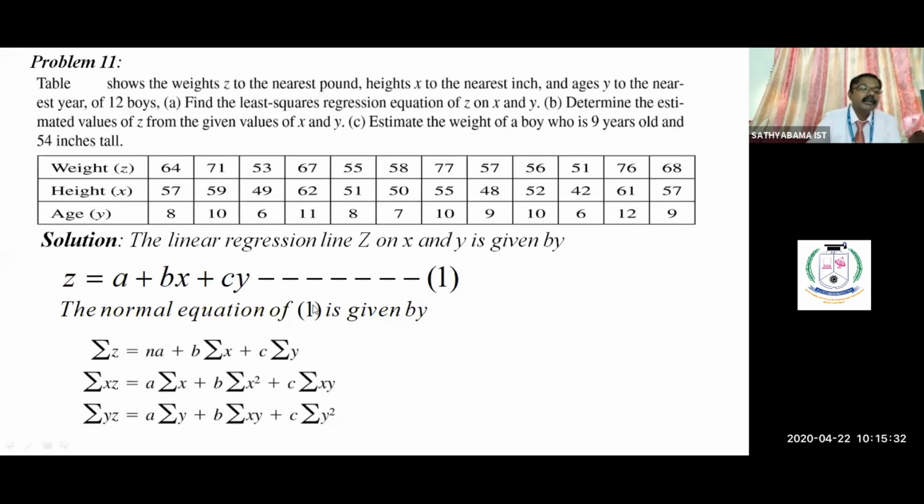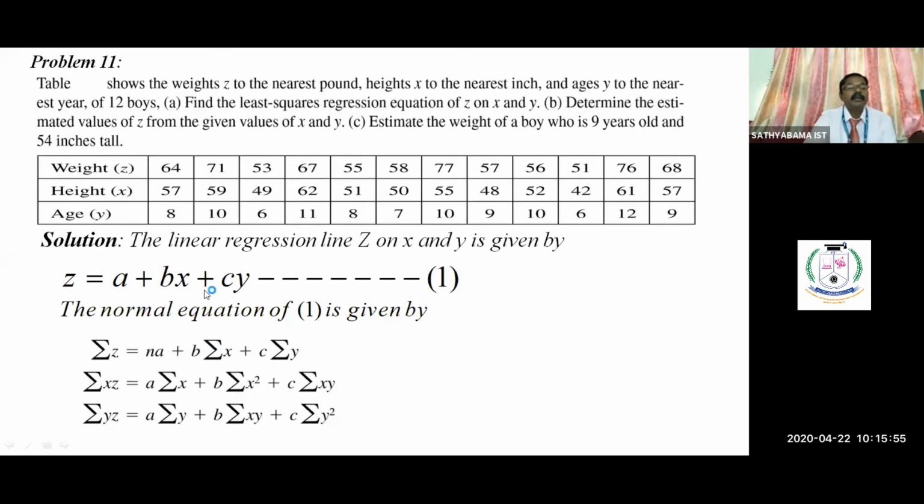Okay, to find the normal equation, you have to find summation Z, sigma X, sigma Y, sigma XY, sigma YZ, sigma XZ, sigma X square. Then you have to find sigma Y square.